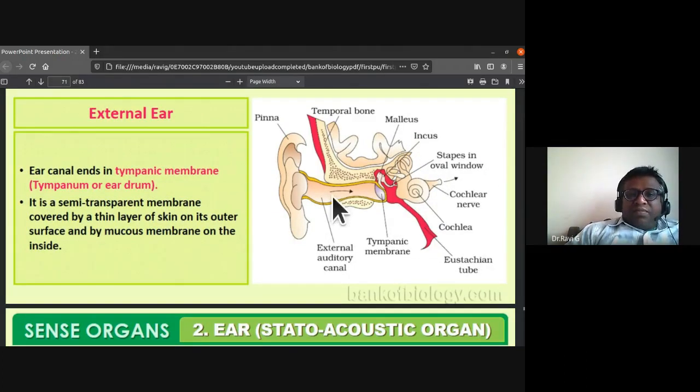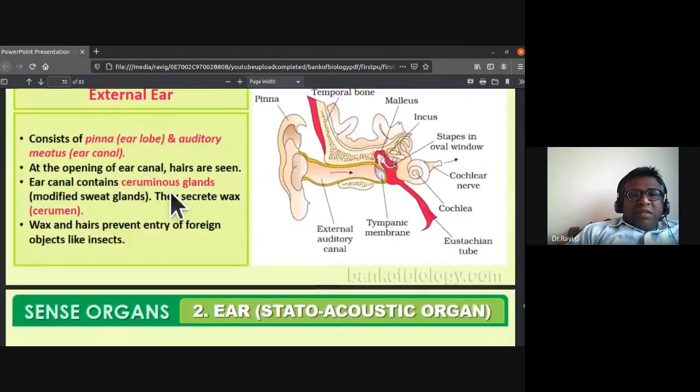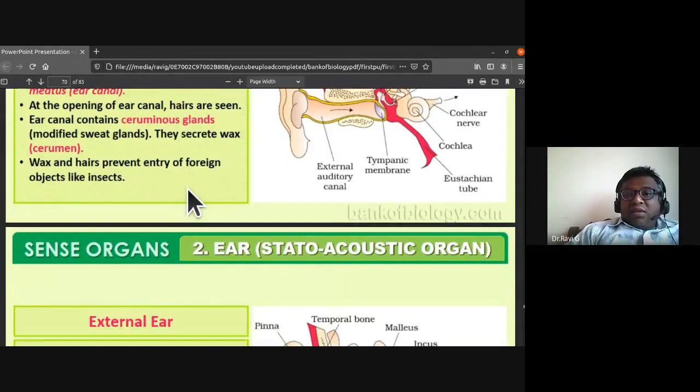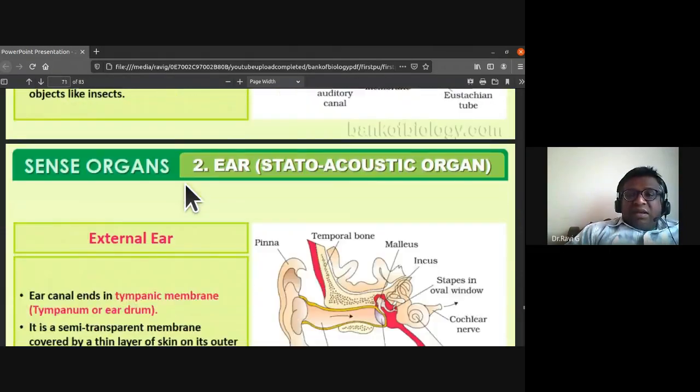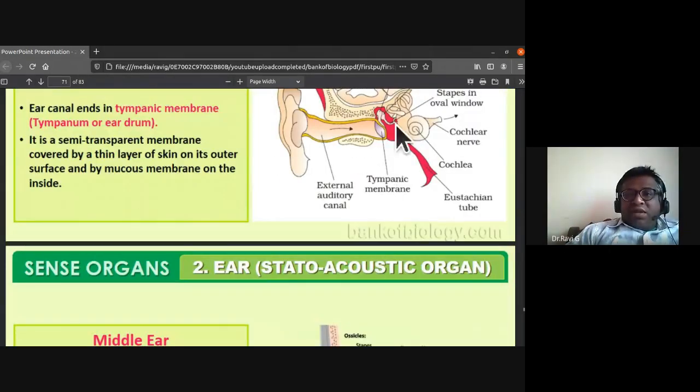That is the pinna and the auditory meatus or ear canal. The ear canal ends with the tympanic membrane, or eardrum.